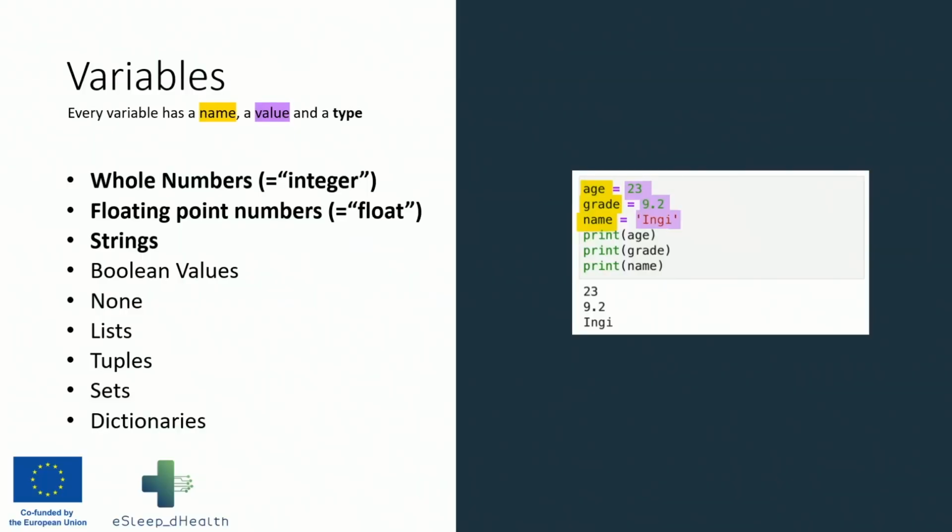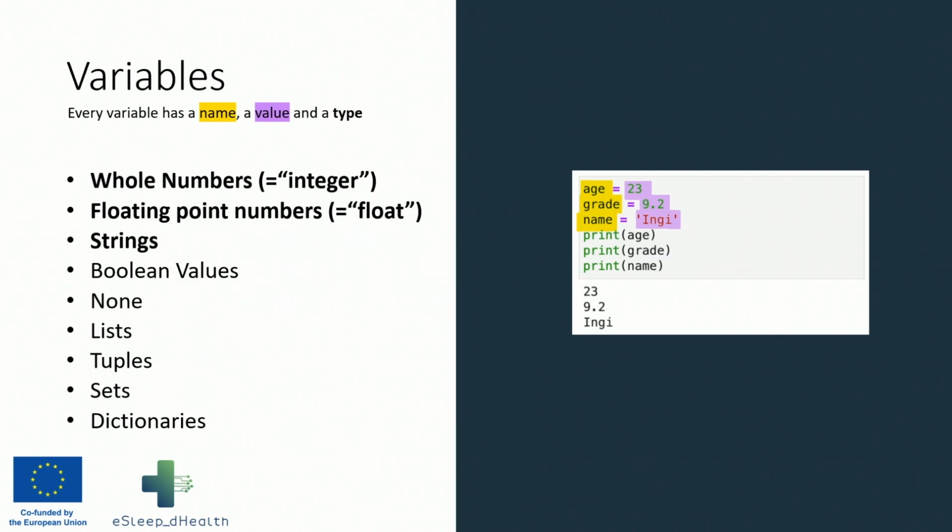So in the second line, we can see another variable. The name of this variable is grade, and we assign the number 9.2 to it. So this is a floating point number. This type of variable is called a float, because it's not a whole number, but it has one decimal space. The third line is name equals Ingi. That's an Icelandic name. And strings need to be written in quotation marks.